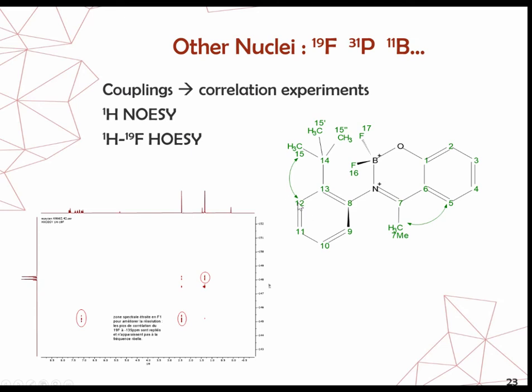And we used dipolar correlation between proton and fluorine, and we could attest that the fluorine here was on the same side as this proton here. We had a dipolar coupling, a through-space coupling between this proton and this fluorine.